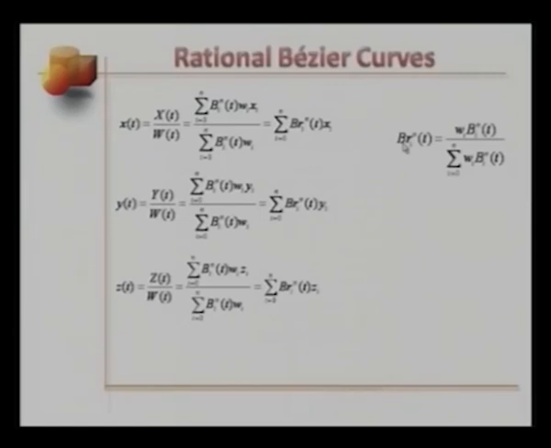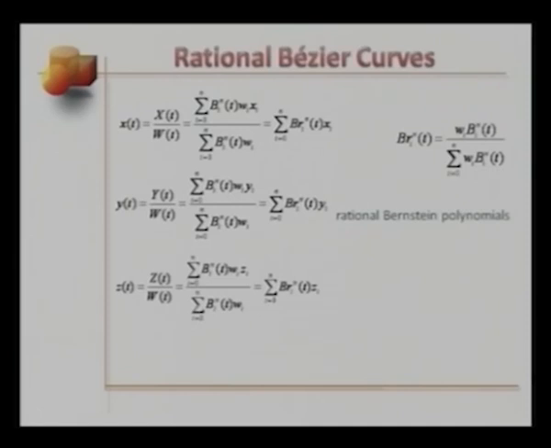Formally, br sub i super n as a function of t is given by wi times b sub i super n. These are the original Bernstein polynomials with index i and degree n over summation i going from 0 to n, wi and the ith Bernstein polynomial right here.